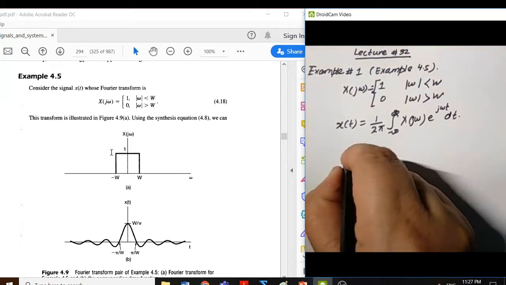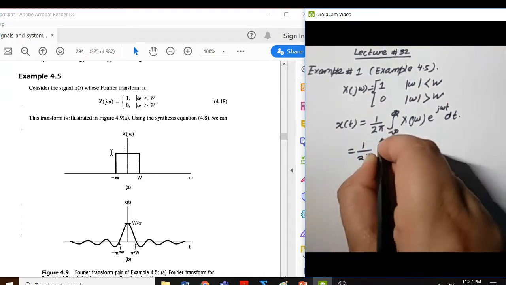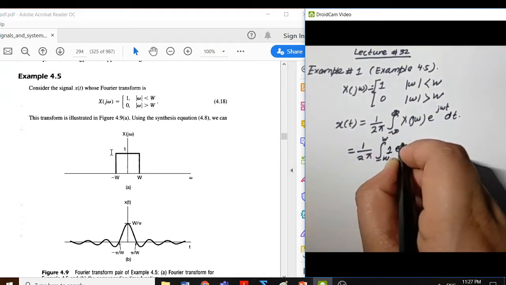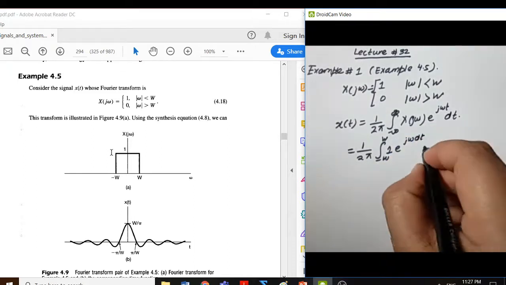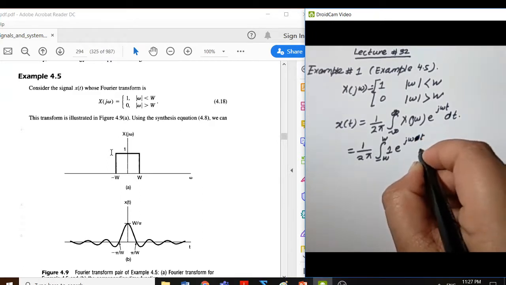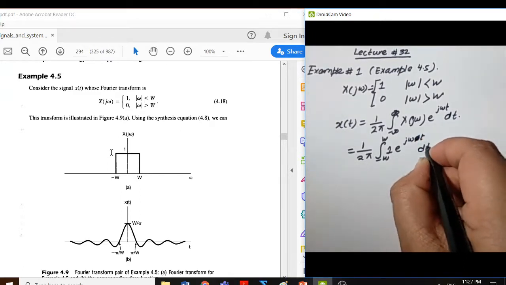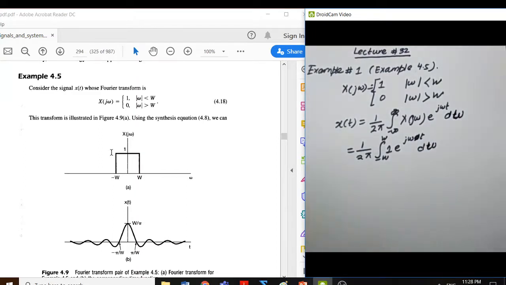So this becomes integration between minus W and plus W of e to the power j omega t d omega. For the inverse transform, since the transform is a function of omega, we'll integrate it with respect to omega.